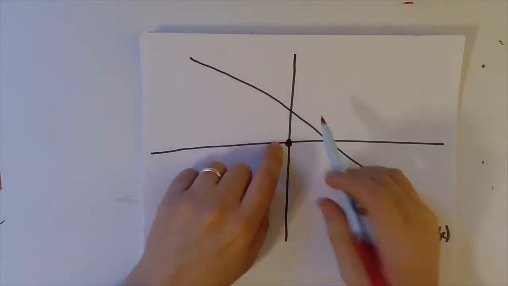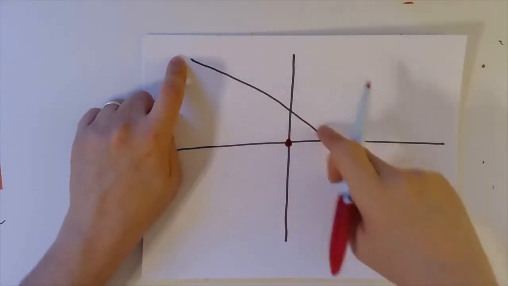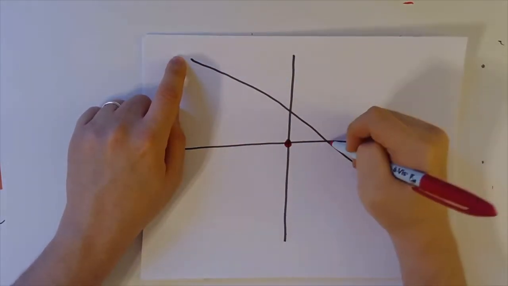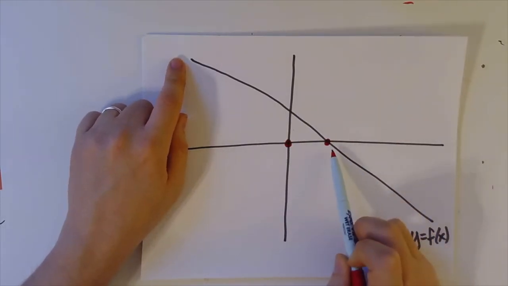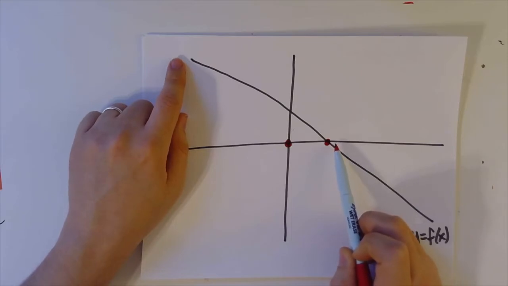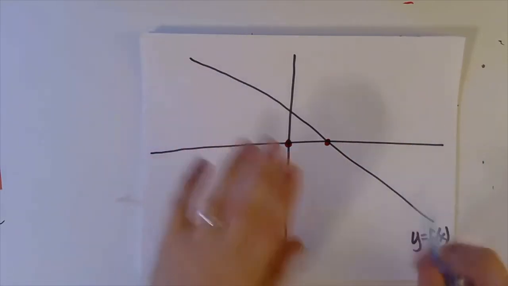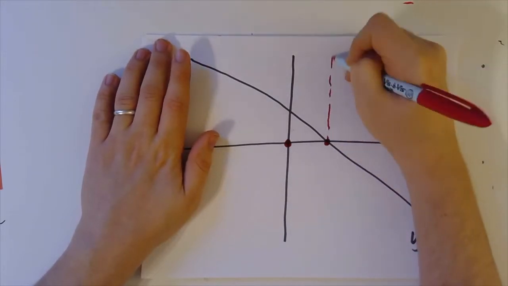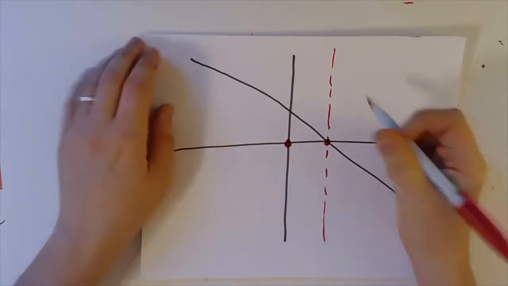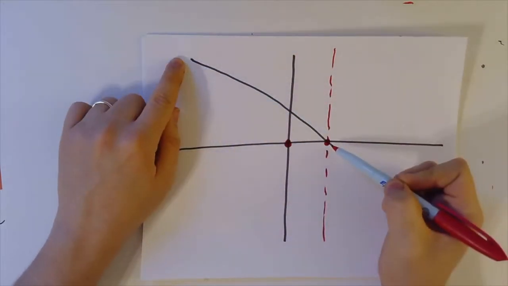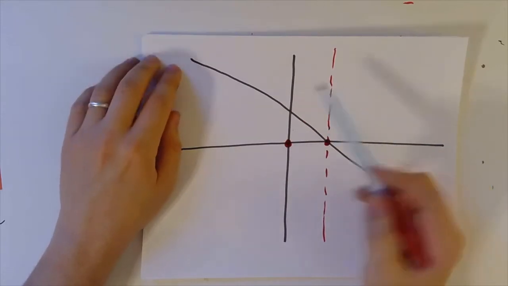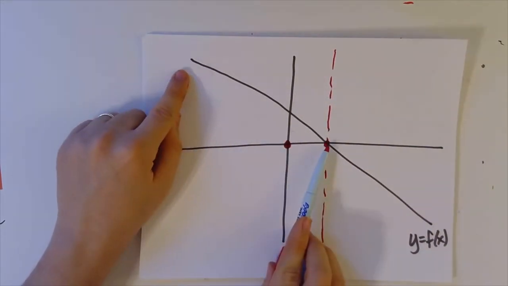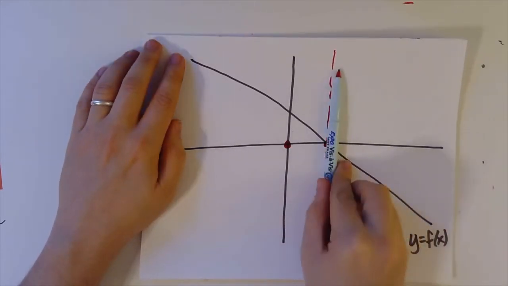So I have to think about what this piece of the graph is telling me. I know something special is going to happen at this point where the derivative is 0, because that's where all of the exciting stuff happens. But I'm going to pause on that and think about what's happening on this piece. The derivative is positive all the way across here, so the red graph had better be increasing everywhere up until this line.